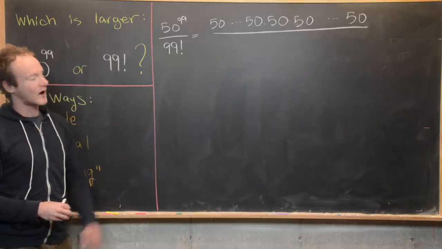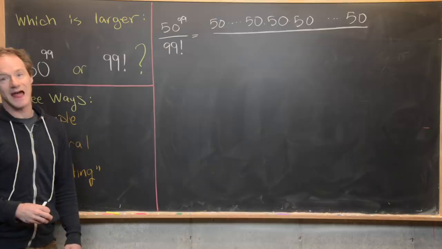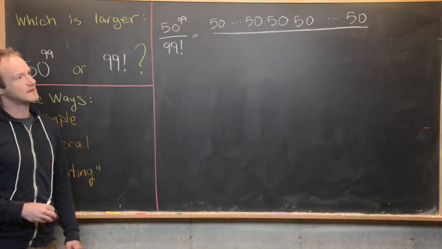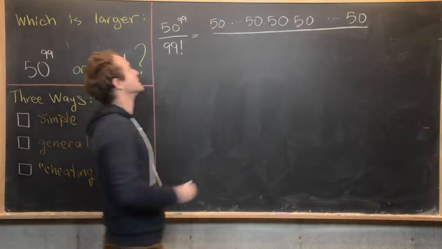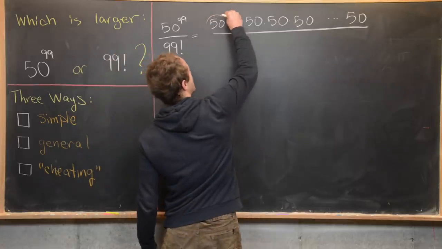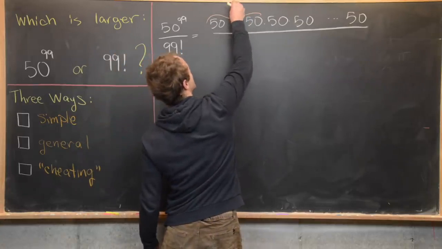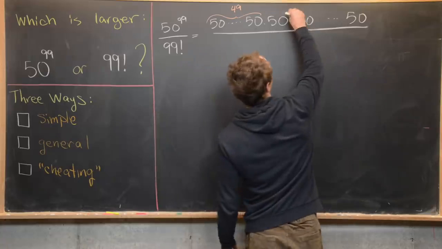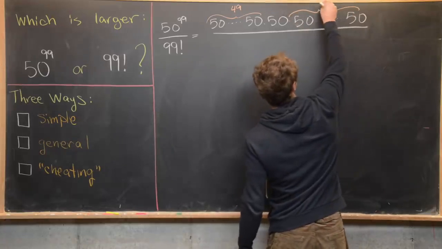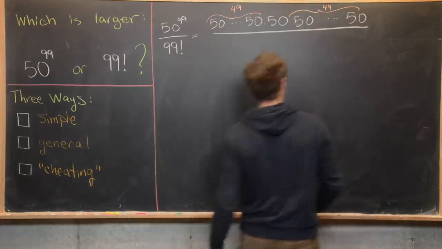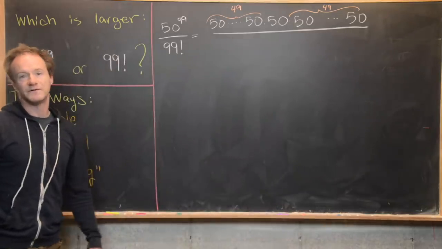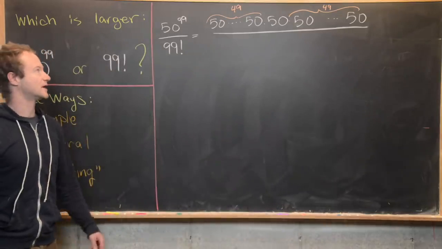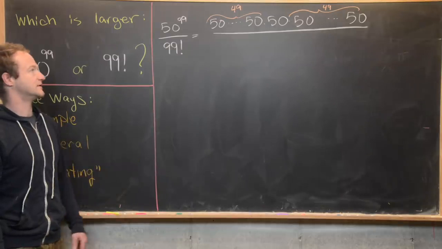If I cut it right in the middle, it's the 49th number. So there are 49 50s here, and also 49 50s here, leaving 50 in the middle. Notice 49 plus 49 is 98, plus 1 is 99.